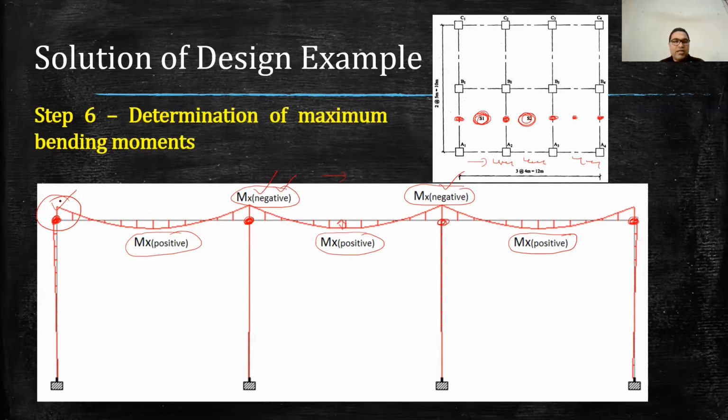So there will be moment, but it will be lesser than this moment. This moment will be taken care of by providing alternate bent-up bars, which will extend up to these ends. We will see that in the reinforcement detailing again when we finish designing this problem.